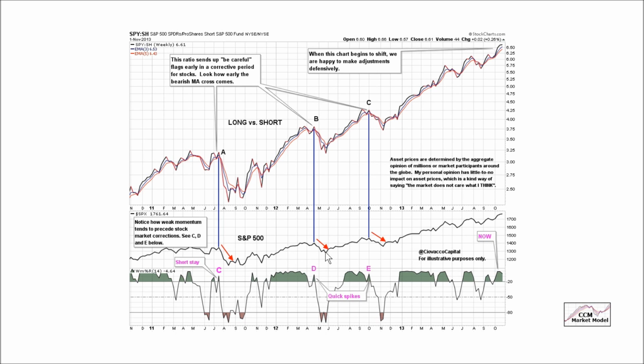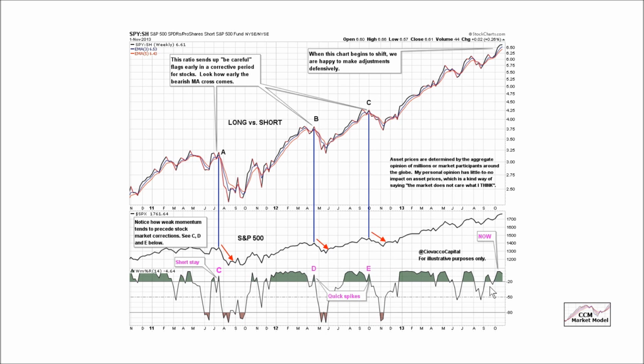Bad things happen. This momentum indicator is tied to the ratio of long versus short. The S&P 500 is here strictly as a reference point. We fall out of overbought territory, the probability of bad things happening increases. Fall out of overbought, bad things happen.